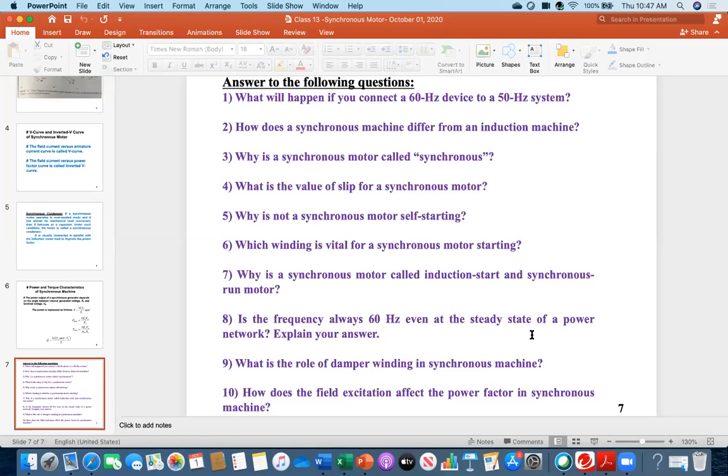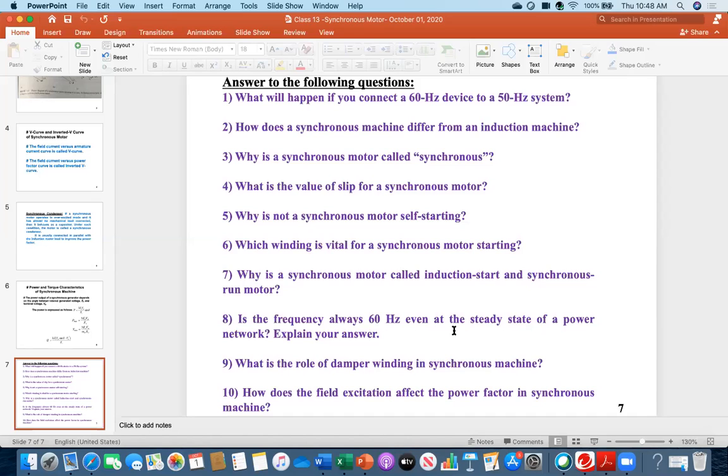Steady state means the system is running well, the system is in balanced condition, it is in symmetrical position, and everything is running normally. There is no short circuit, open circuit, no thundering, no lightning, nothing happened in the power network. That is the meaning of steady state. I mean, it is running as usual without any disturbance.